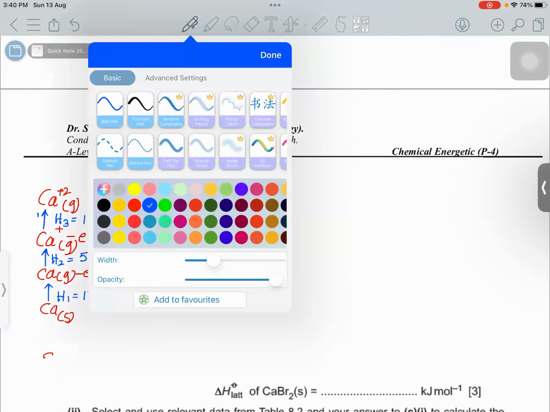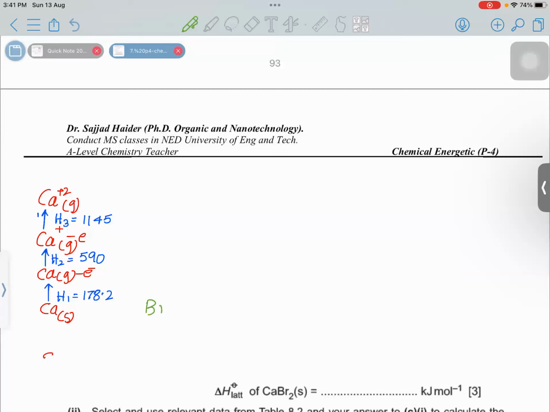Now second is bromine. Br2 gaseous. So how many bromine? 2 bromine, so no need to divide it by 2. Now 2Br gaseous. This is H4. Can you tell me what is this H4?